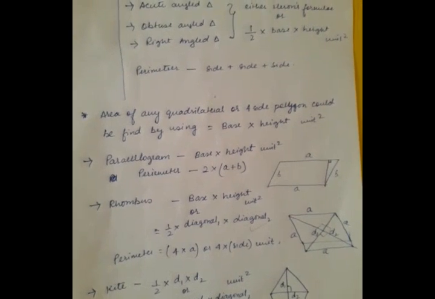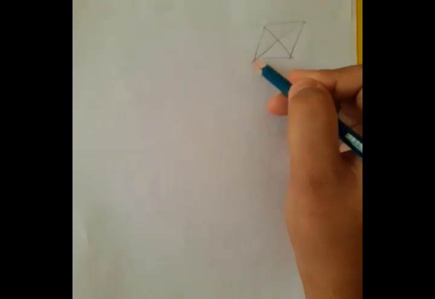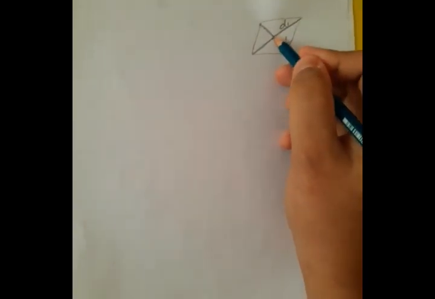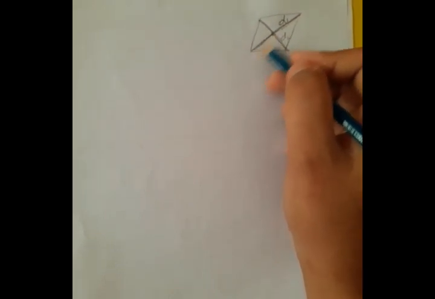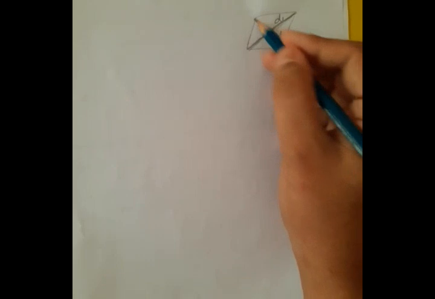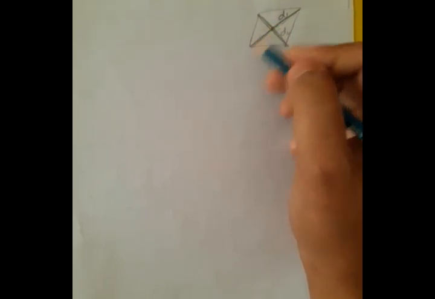Let us discuss how the area becomes half into the product of diagonals. So this is a rhombus. This diagonal is D1 and this diagonal is D2. At this point, this part is D1 by 2 and this part is D1 by 2, and this is D2 by 2 and this is D2 by 2, because they bisect each other at 90 degrees.